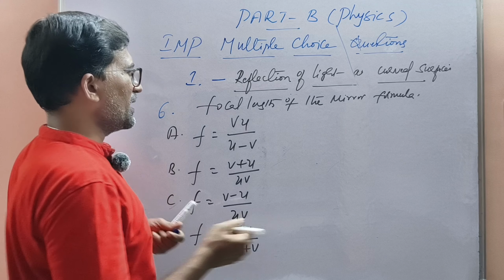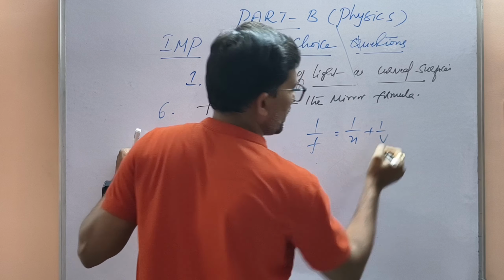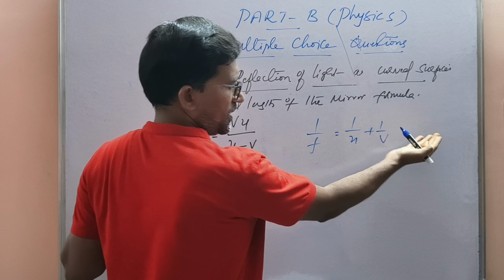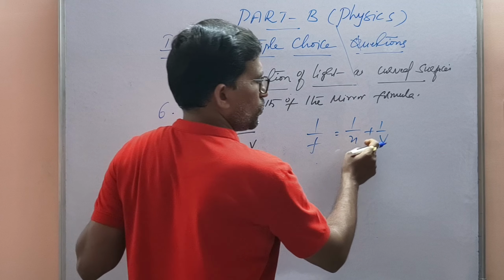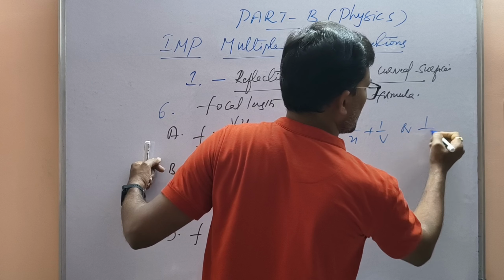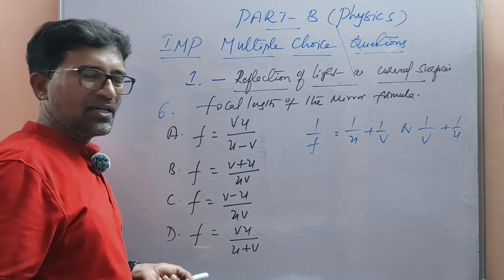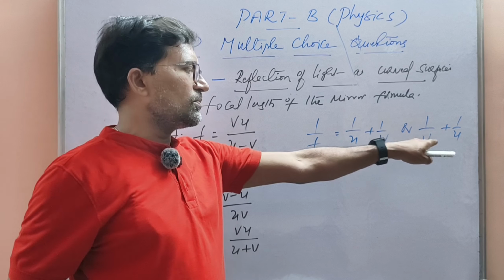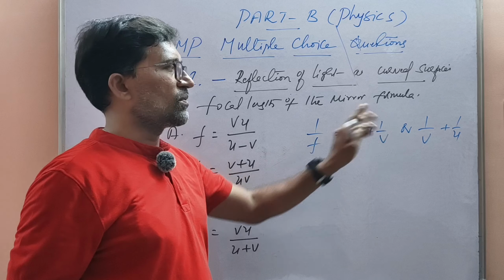Actually, the mirror formula is 1 by F is equal to 1 by U plus 1 by V. Or 1 by F is equal to 1 by V plus 1 by U. A plus B is nothing but B plus A only. I wrote this formula in two ways because in CBSE books you may find this one, and in SSC books they give 1 by U plus 1 by V.